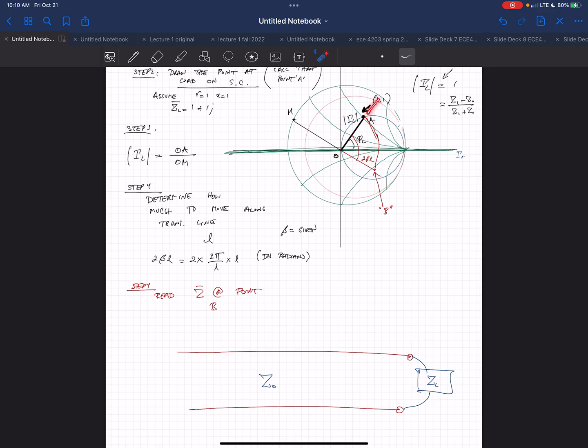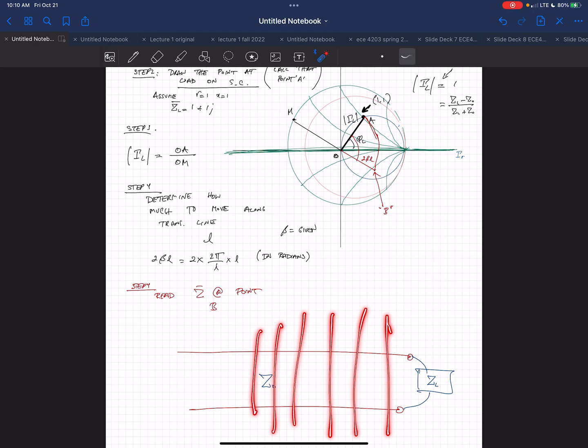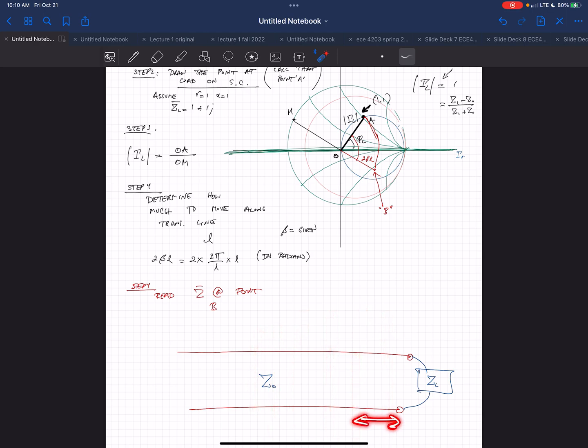Okay, that's this point A, and this distance is the amplitude of the reflection coefficient. And this phi sub L is the phase of the reflection coefficient. As I want to look at the impedance at different points along this line, I take the length and multiply it by 2 beta, and that tells me how much my phase is going to change from this starting point in the clockwise direction.